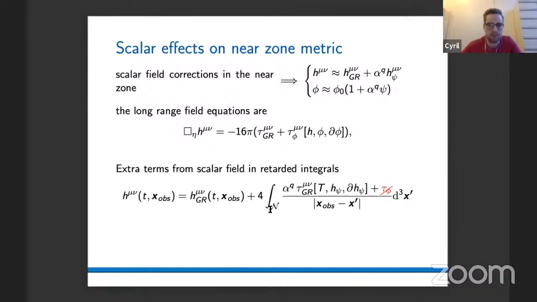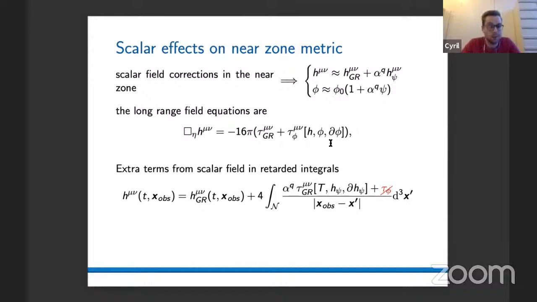And then you do the integral over the near zone of still this term, but this time with the correction to the gravitational field. So you have the energy momentum tensor and the correction to the gravitational field. And you should also calculate the effect of this extra effective stress energy tensor.